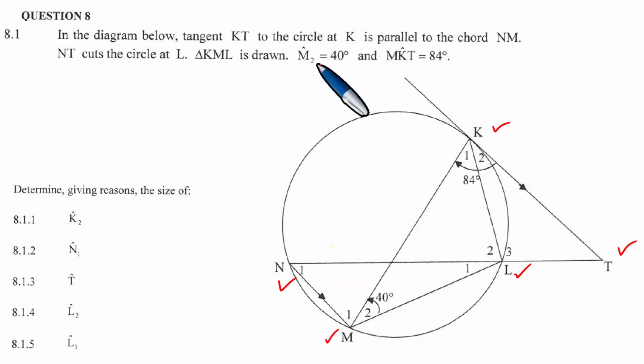The angle M2 is 40 degrees. The angle MKT is 84 degrees. Determine, giving reasons, the size of the angle K2. We want this angle here.